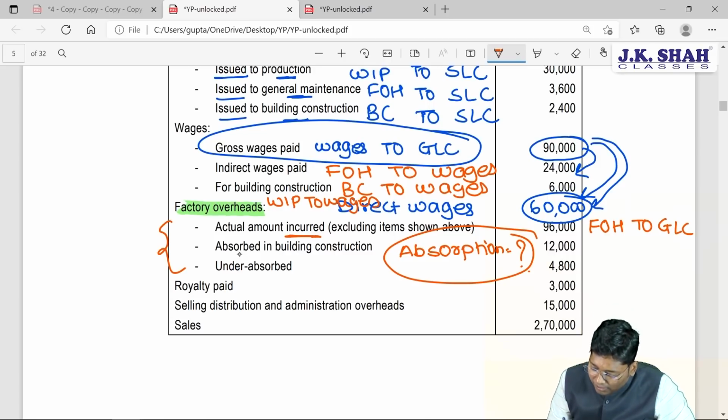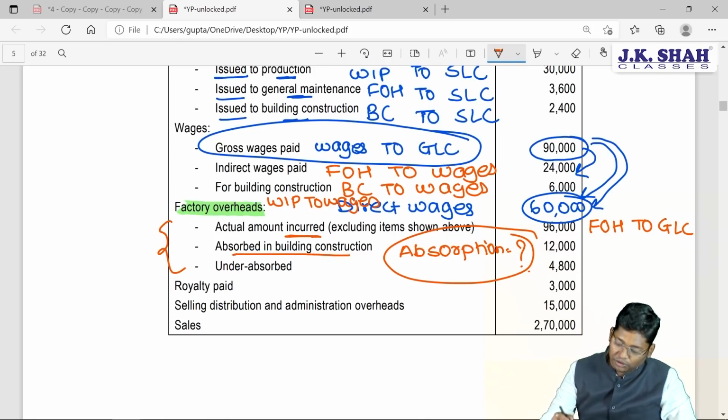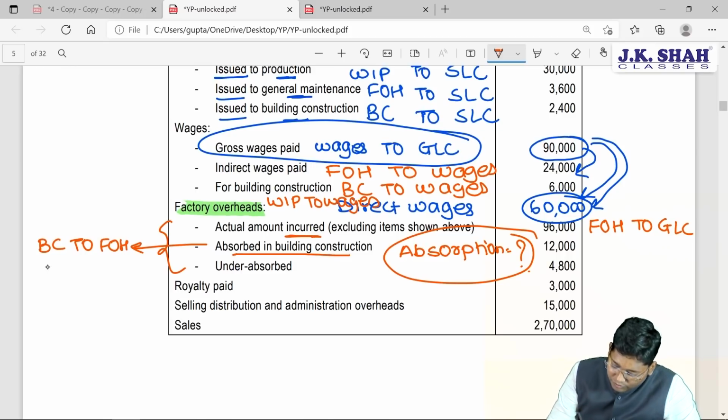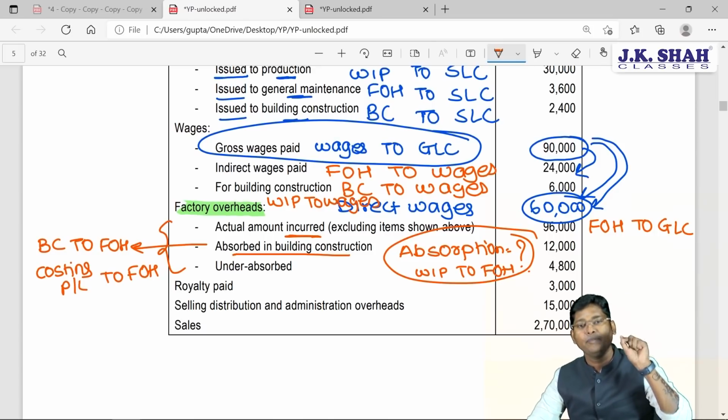Now, some overheads you have absorbed in building construction, and the entry which we pass is building construction account debit to FOH. Under absorption, entry we pass is costing P&L account debit to FOH, and the balance entry is absorption of factory overhead, which is WIP account debit to FOH, and this transaction is missing from this question, which you are going to get from your FOH account.